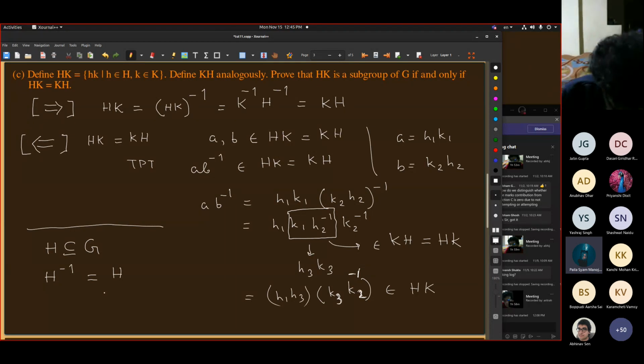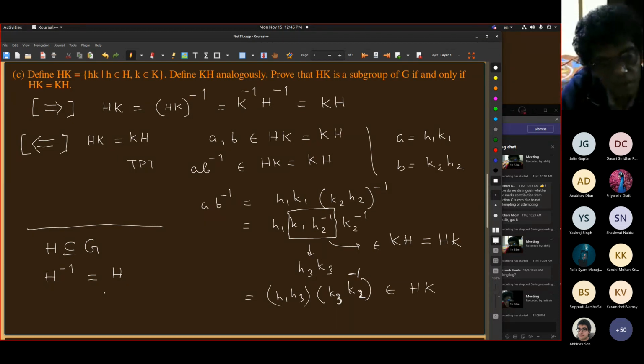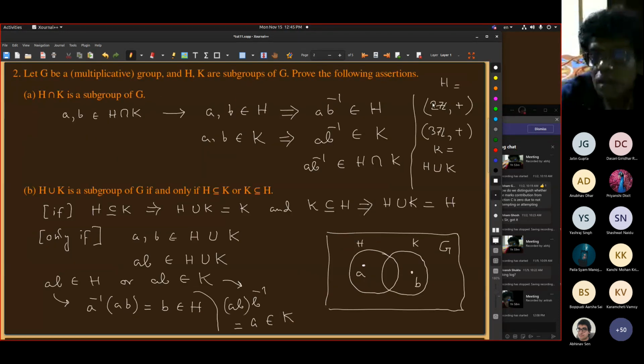Yeah, so that immediately does not prove that this is a subgroup. For example, if this is an additive group, this is just closed under additive inverse. That doesn't mean it's closed under addition. Look at this example itself. This is not a subgroup, right? But it is closed under additive inverse.